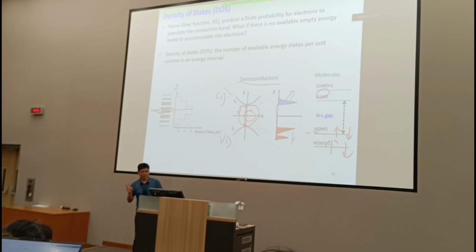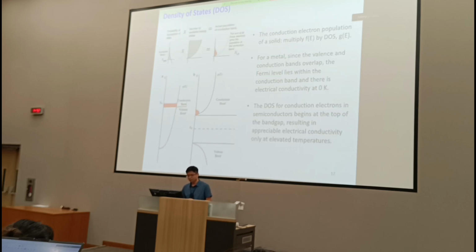In the solid, you have so many atoms packed together that even within a tiny energy range you have multiple states. That's why they use the concept of density of states, to describe the number of states per energy interval per volume. So, okay, why is this important?